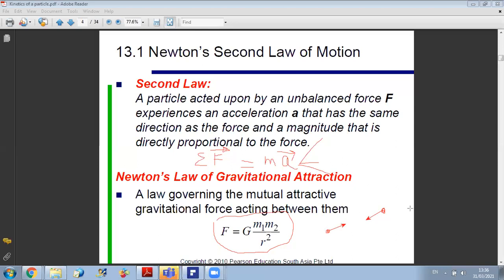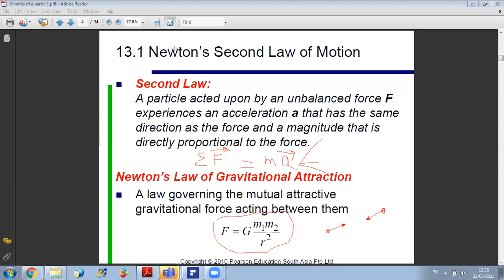So same magnitude and direction, opposite sense. This is the magnitude of it: the gravitational constant G times m1 m2 over r squared. In general, this attraction force is negligible if the masses are not very high. It will become dominant when one of the two masses has a very high value.